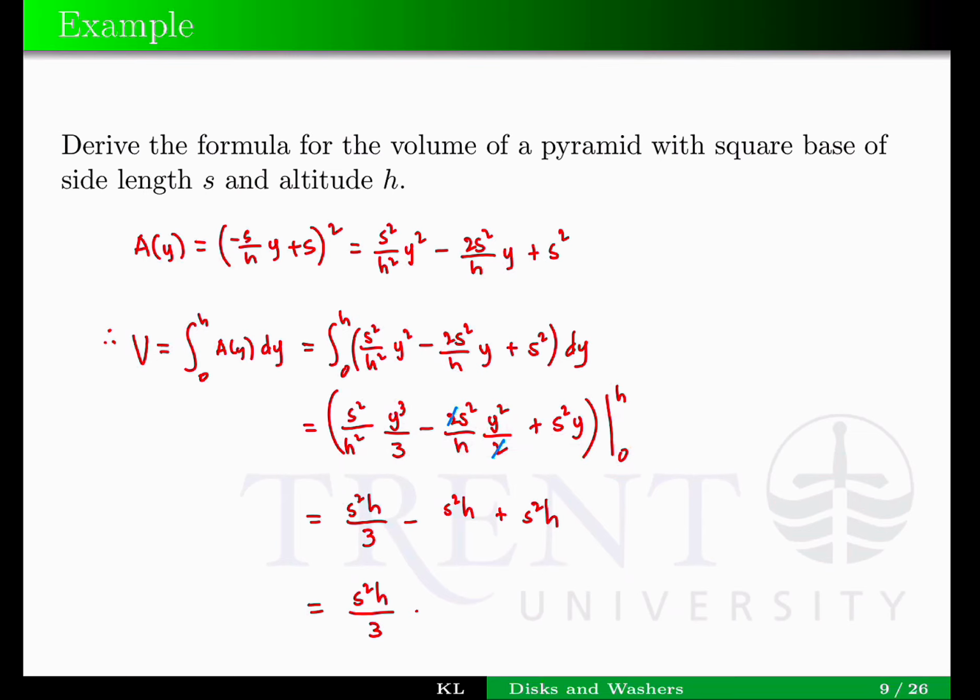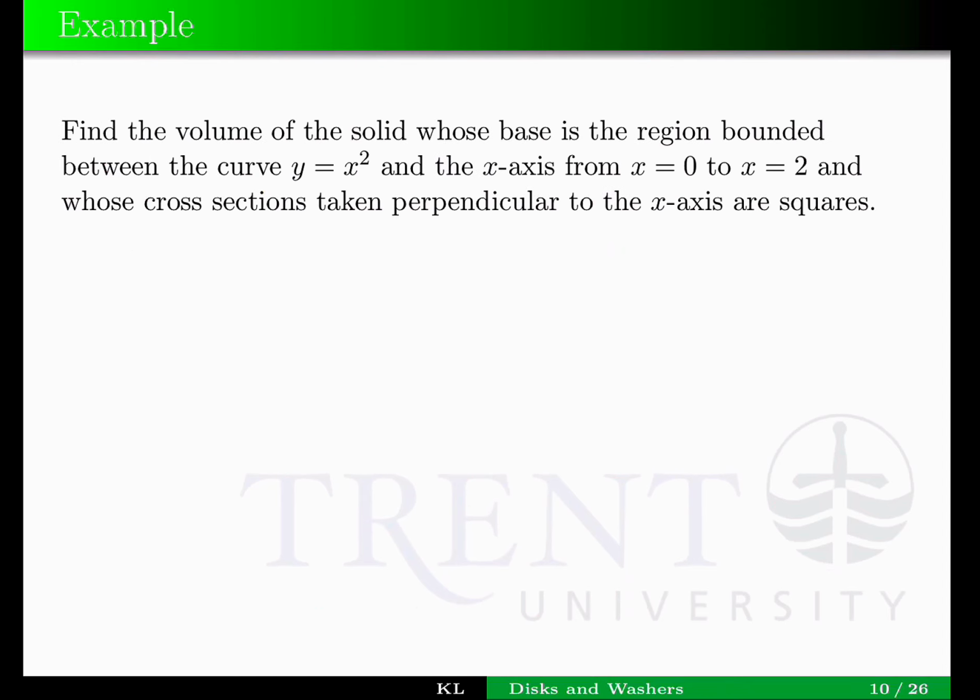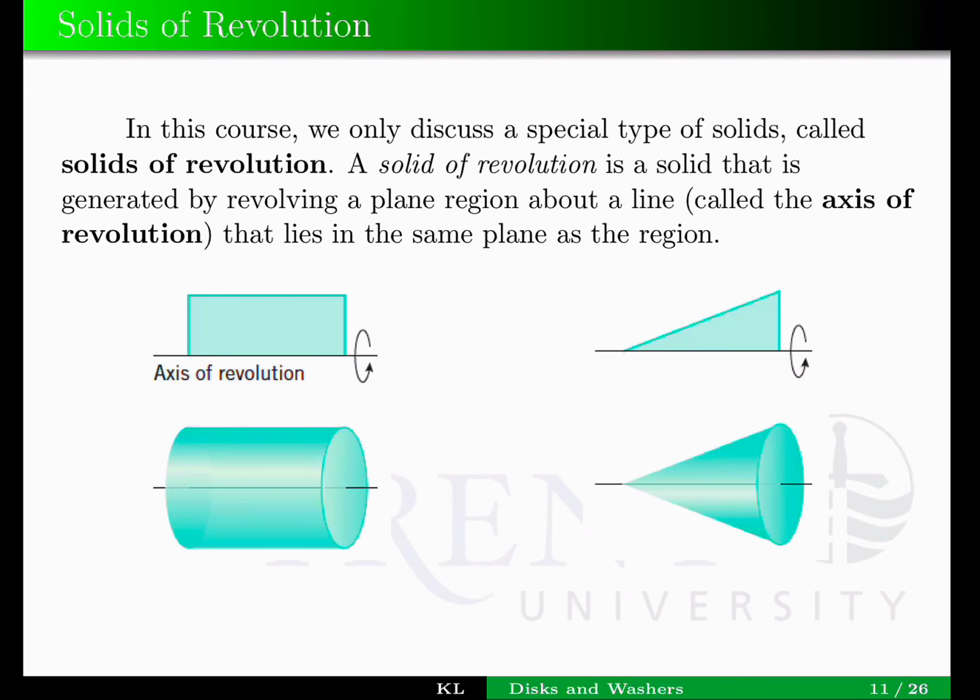Now, for this topic and in the next topic, our focus is a particular solid. So I would like to skip this particular example, but you can work on them. Try to imagine how the solid looks like. But our focus is this particular solid.